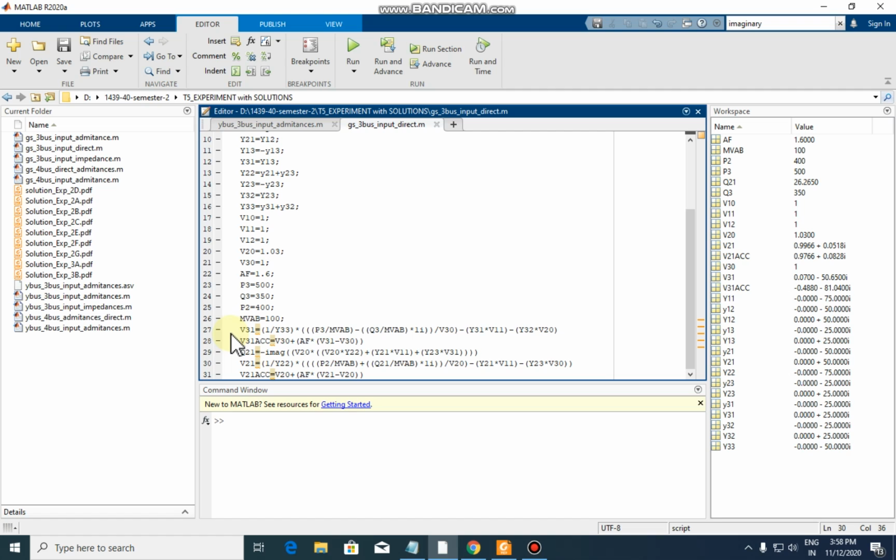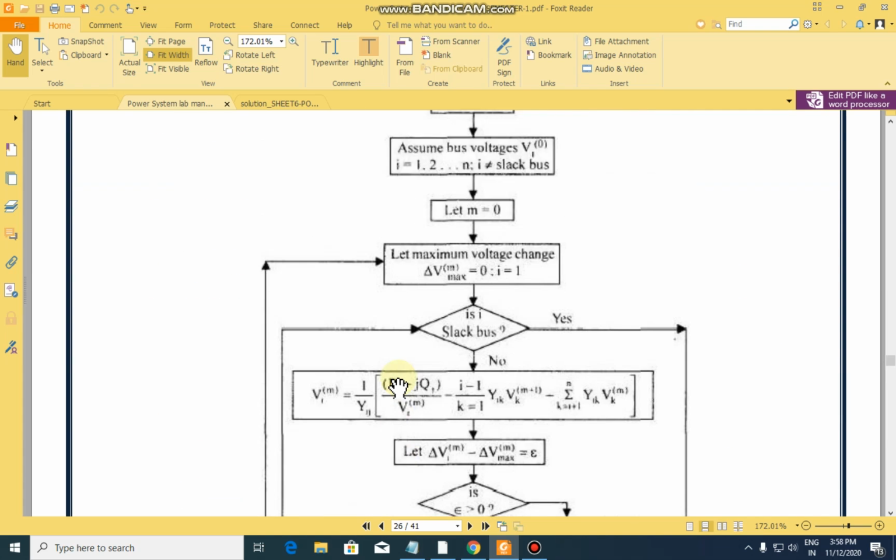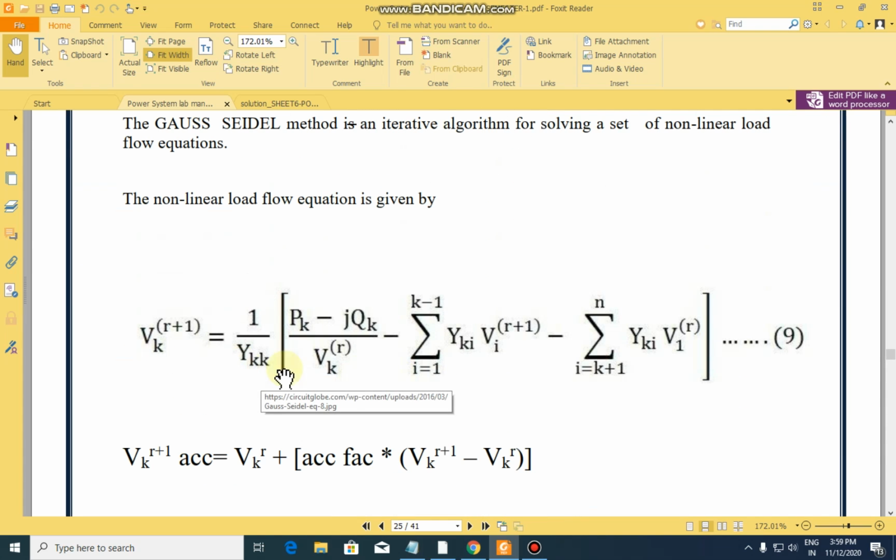Now how can I find the voltage at bus 3? To find it, I will expand the formula given here: Vk at the (r+1)th iteration, where r is the iteration number, equals 1 by Ykk times (Pk minus jQk divided by the conjugate of Vk at r, minus the summation over i equals 1 to k minus 1 of Yki Vi). How to extend this formula you have learned in the power system tutorial.